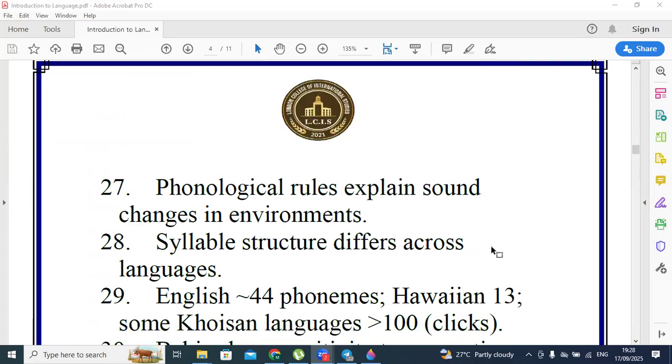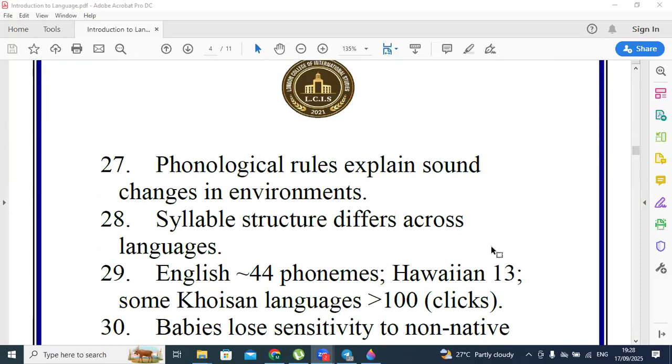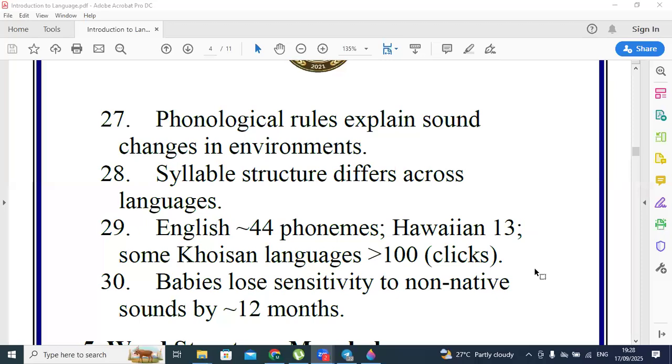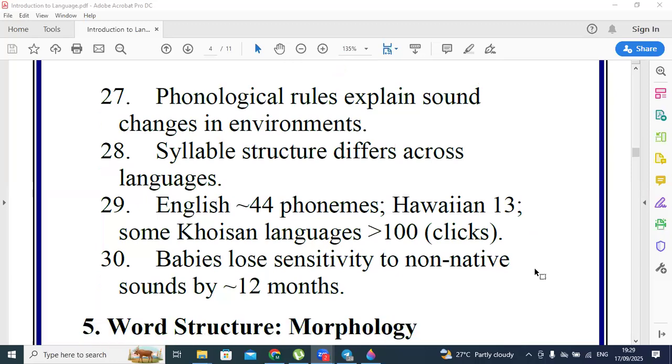Phonological rules explain sound changes in environments. Syllable structure differs across languages. English, 44 phonemes. Hawaiian, 13. Some Caucasian languages, 100 clicks. Babies lose sensitivity to non-native sounds by 12 months.